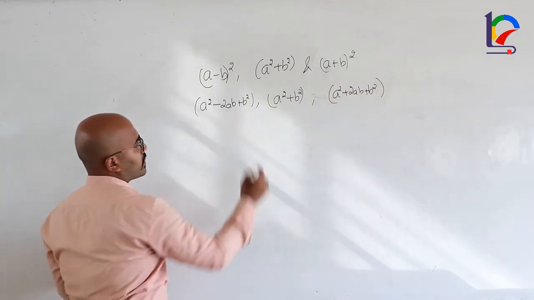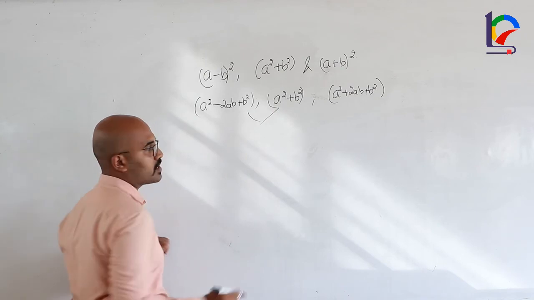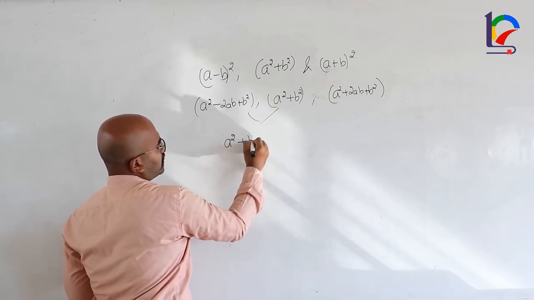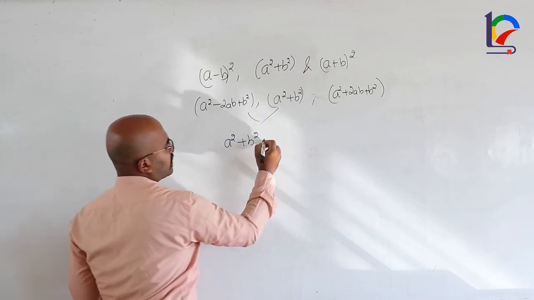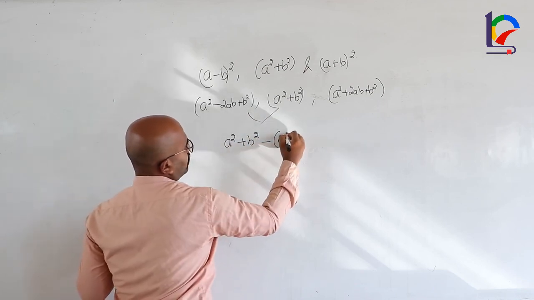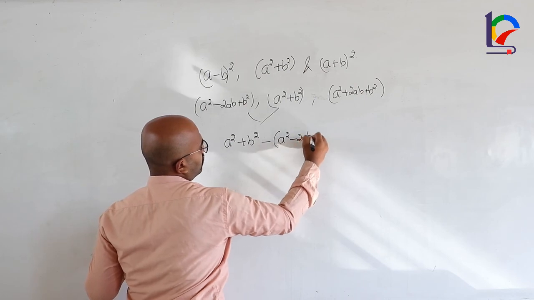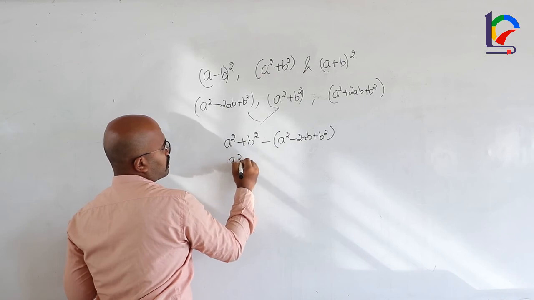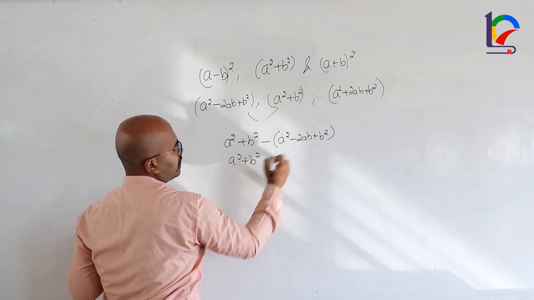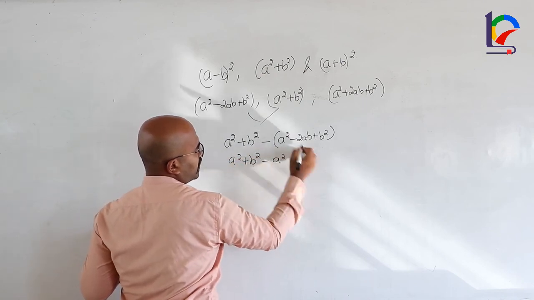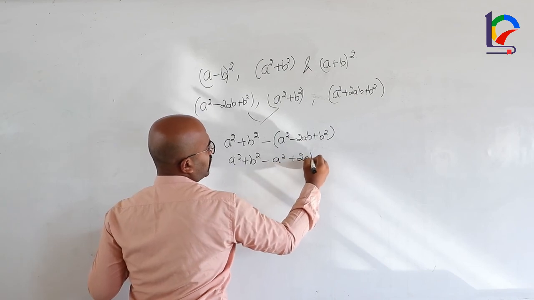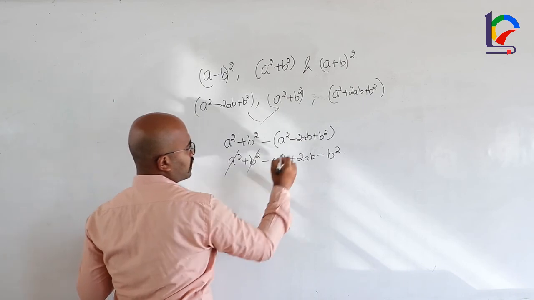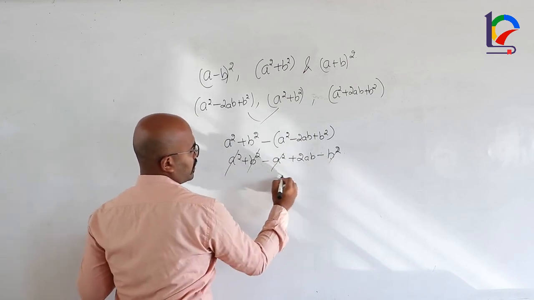If I want to find the common difference between the second and first, it will be a square plus b square, the second term, minus the first term, a square minus 2ab plus b square. So a square plus b square, minus a square, minus into minus plus 2ab, minus b square. So a square and b square got cancelled. I am left with 2ab.